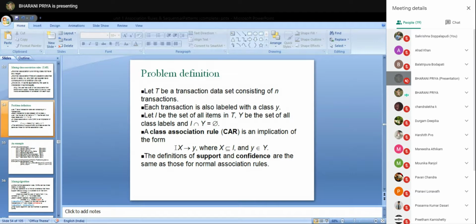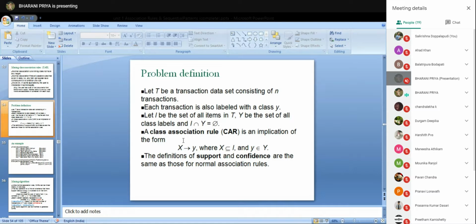So in X associates Y, all the items of X will be taken from I only, and in the consequent side, all the consequents are taken from the set Y only. You cannot interchange. For Y, you cannot take from I, and for X, you cannot take from Y. You need to remember.